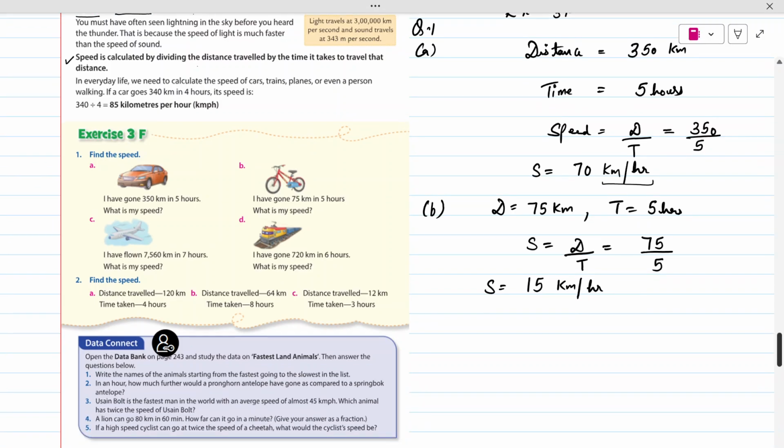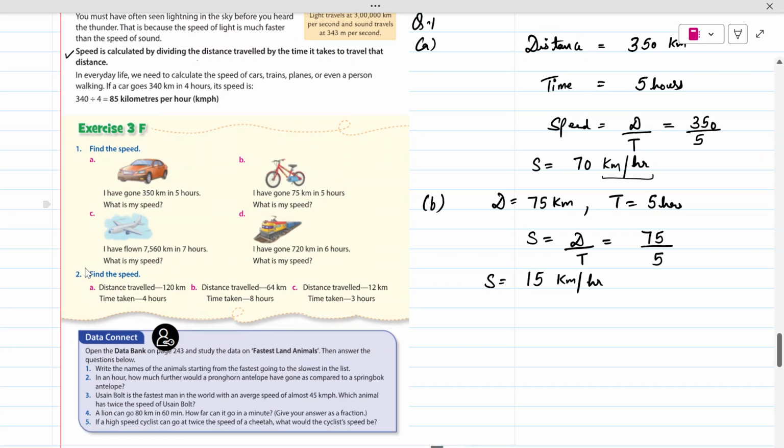Next, what we have here is an aeroplane. It says I have flown 7,560 kilometers in 7 hours. So the distance is given to us as 7560 and the time is 7 hours. What we have to find here is speed again. This is distance 7560 divided by 7.